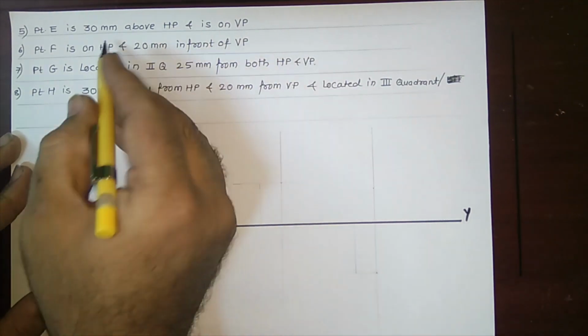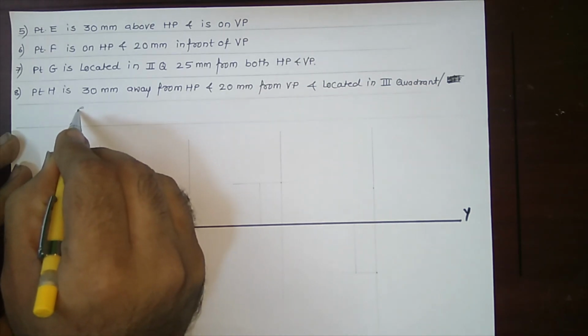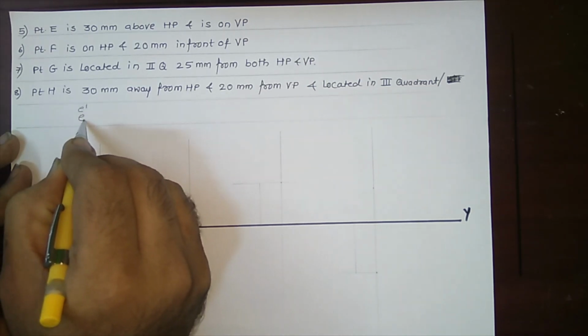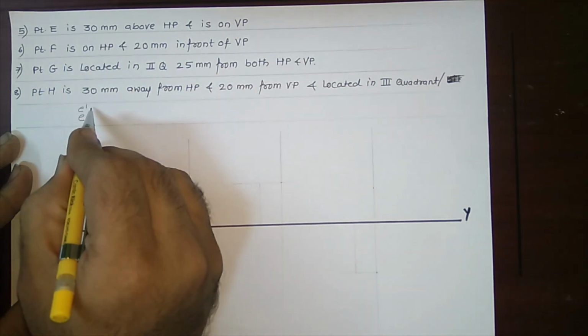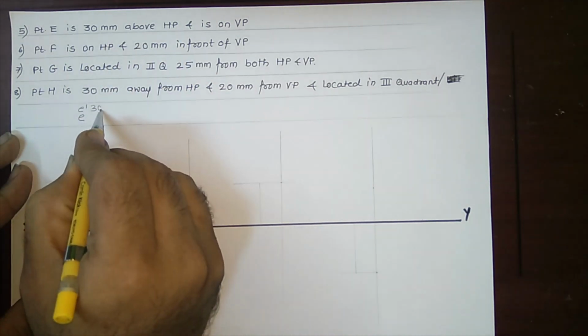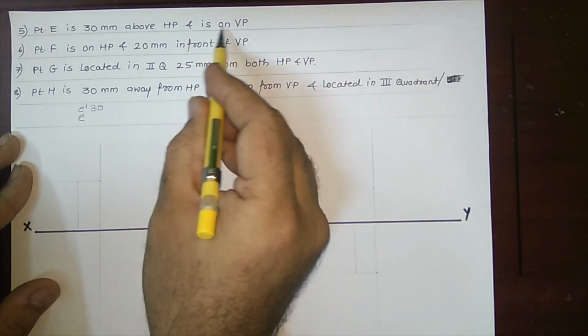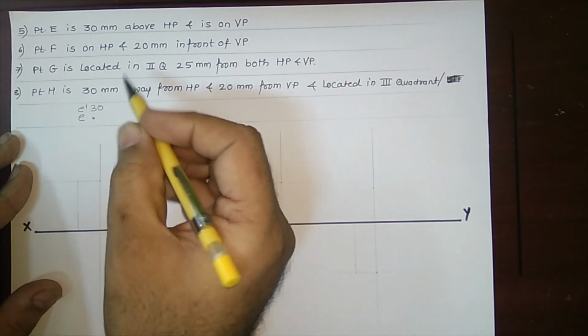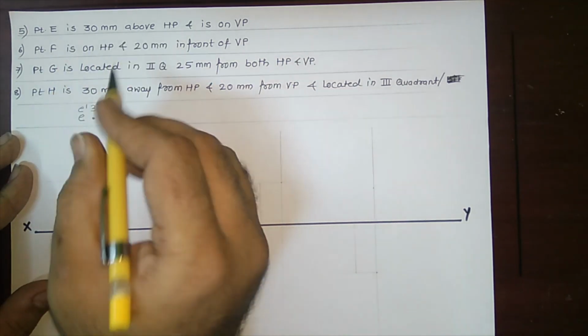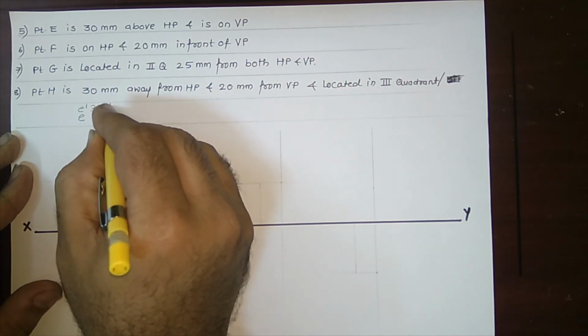So what I will do, the first point, that is E dash and E, I will plot. So 30 millimeter distance from HP, so for the front view the 30 millimeter distance has come. Okay, and top view is on VP, so on VP means I will plot a point over here. The point is above HP, so plot the front view above the XY line.